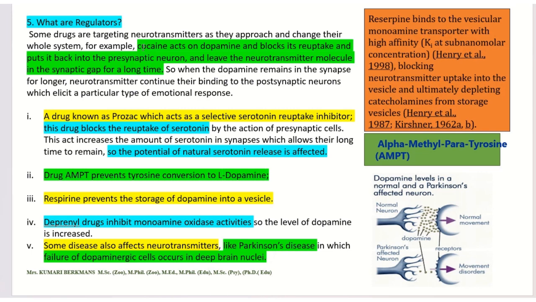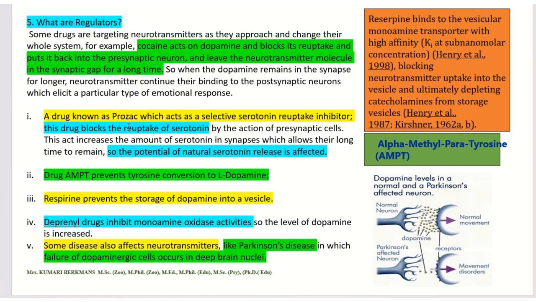Which chemical, in the sense, it is cocaine, which acts on the dopamine and makes the dopamine remain in the synaptic gap for a long time. So when the dopamine remains in the synapse for a longer time, the neurotransmitters continue their binding to the postsynaptic neuron, which elicits a particular type of emotional response.